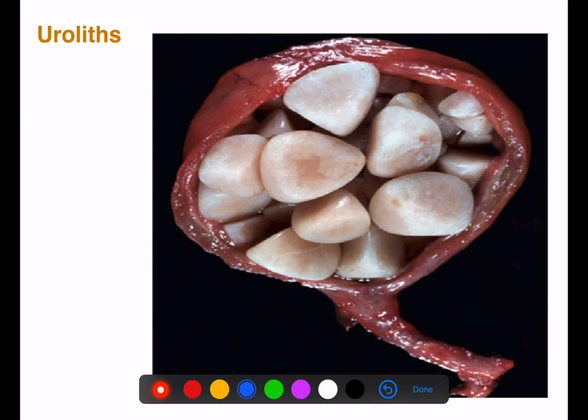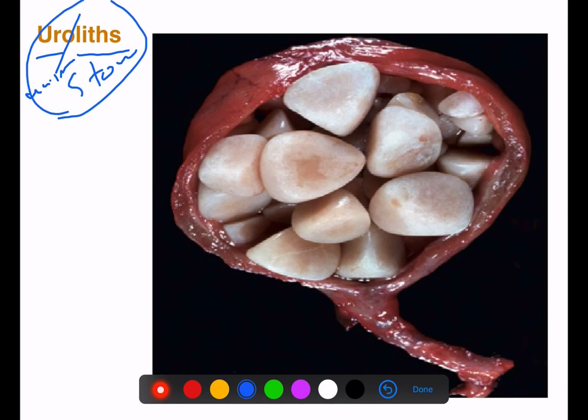The uroliths. Uroliths mean stone; uro from urinary. The urinary stone or urolith is mainly localized within the bladder.